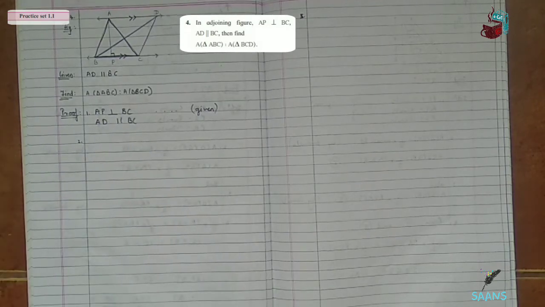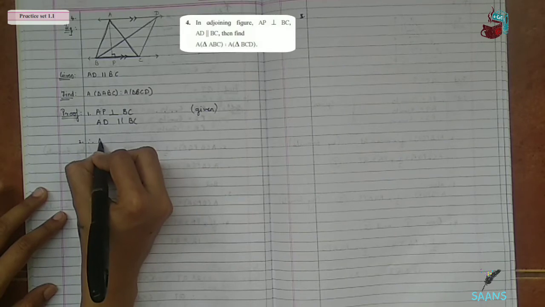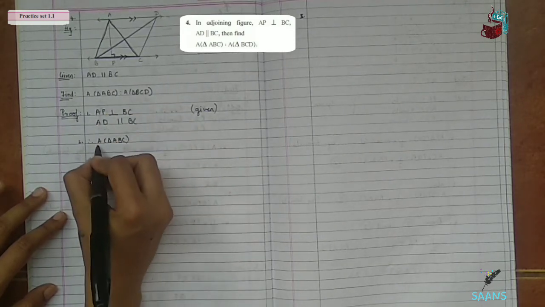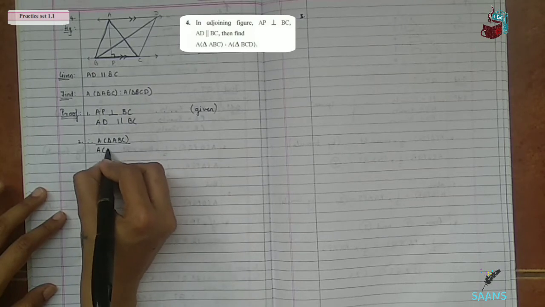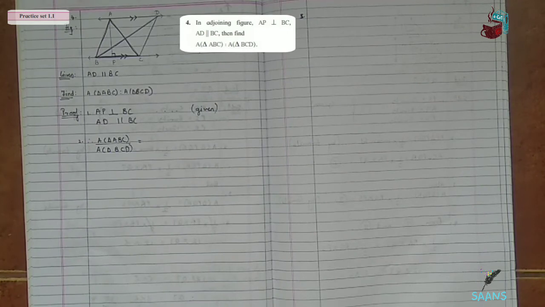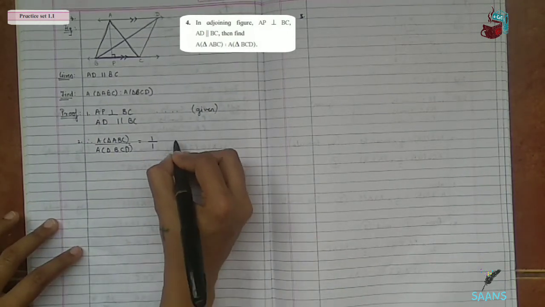Second step. Okay. Therefore, area of triangle ABC upon area of triangle BCD is equal to, what will you all write? 1/1.